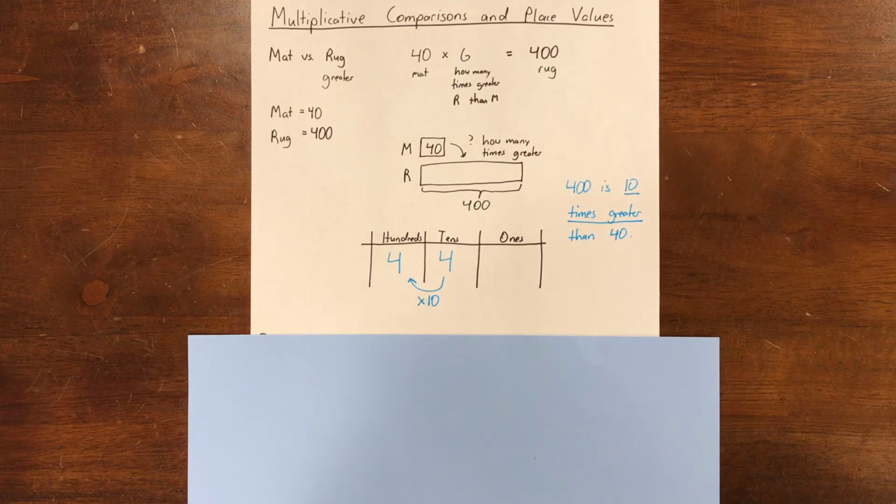Tens are 10 times greater than ones. Thousands are 10 times greater than hundreds, and so on. We know this because it takes 10 of each of the smaller place value to make up the next largest place value. So how could we describe the relationship between place values in our number system? Say it out loud.